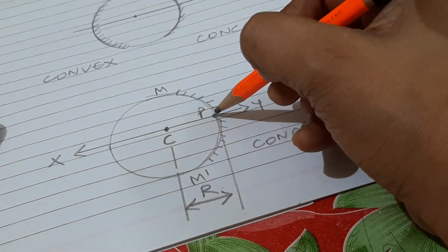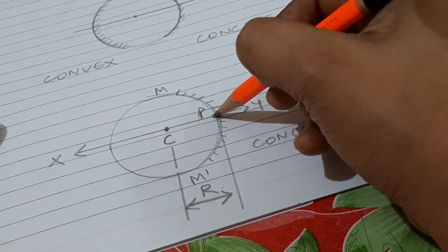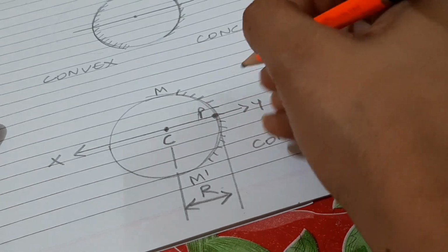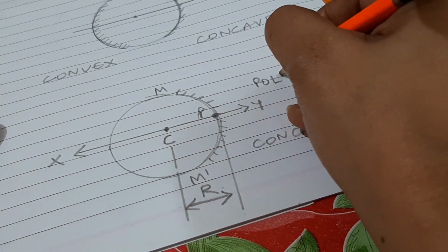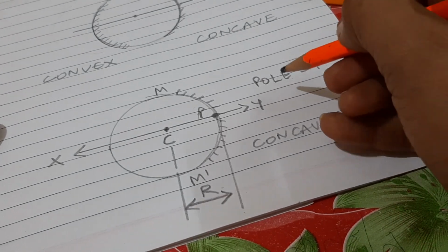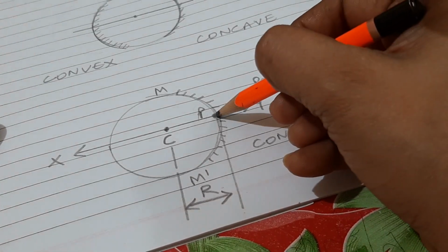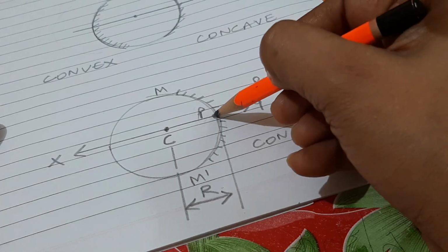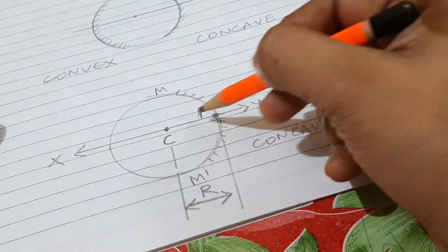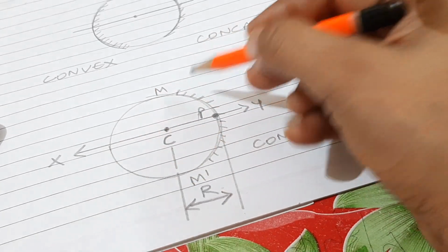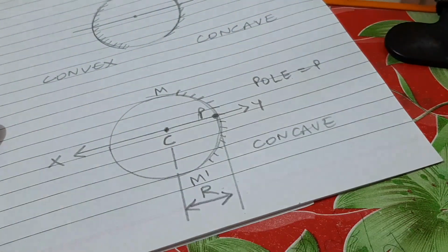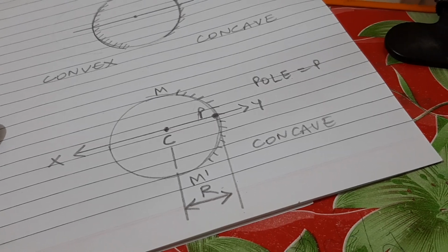Now this point P, which is the center of spherical mirror, is also called as pole. Okay, so we have drawn a line extending from pole to center, and this line is actually the radius of this circle, and this line is also radius of curvature of the concave mirror in this case.